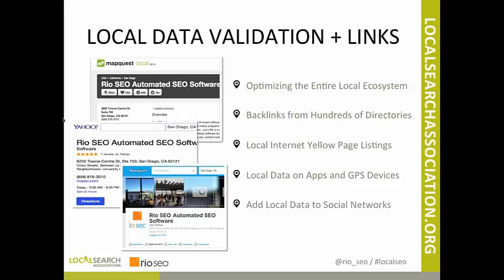And so Foursquare, Facebook, Yelp will all start with some type of subset of local business content that they had to acquire somewhere, and then build upon that through consumer interaction and through claiming and managing your information on behalf of the brand. So the local data validation and building hundreds and hundreds of relevant local backlinks has a huge benefit on delivering more search traffic and higher rankings on search engines and applications.